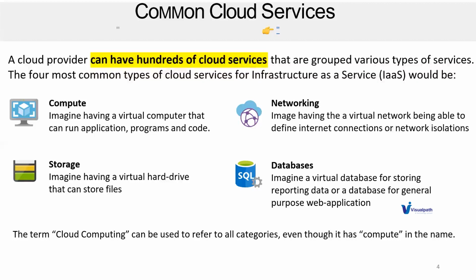That's why we talk about permissions and security to protect our information within the cloud. So the 5 common services are: compute, storage, networking, database, and security.